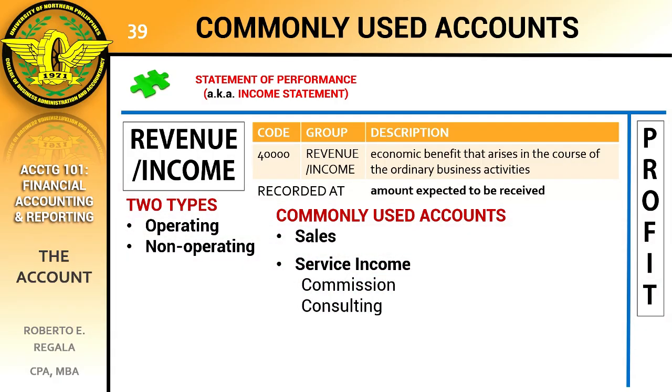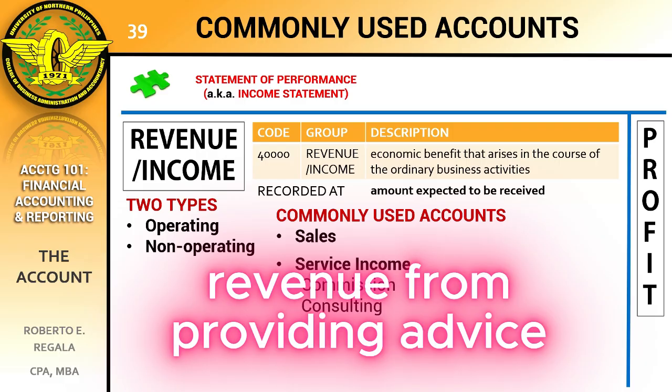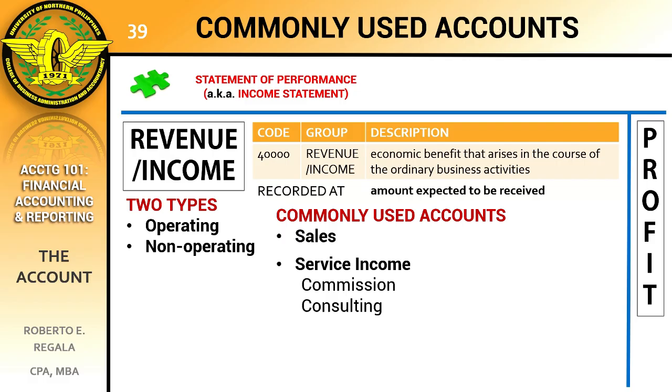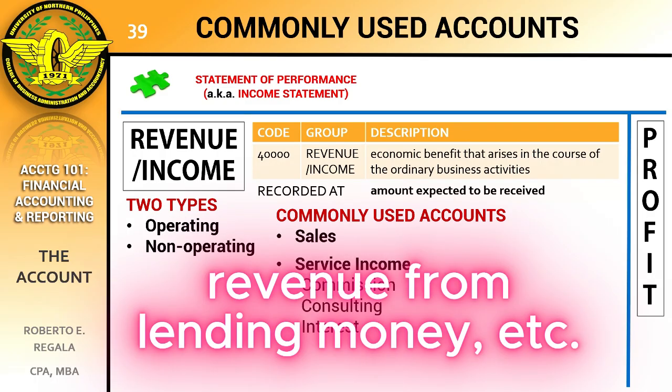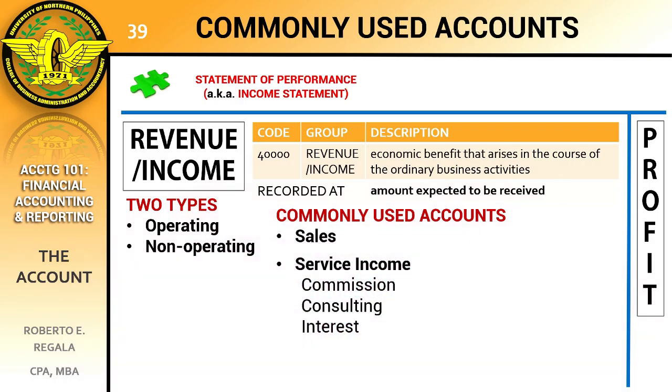Consulting fees. This is revenue from providing expert advice or specialized services in areas such as management, finance, technology, marketing, and law. Interest. This is revenue from lending money, holding interest-bearing financial assets, or maintaining deposits in interest-generating accounts.